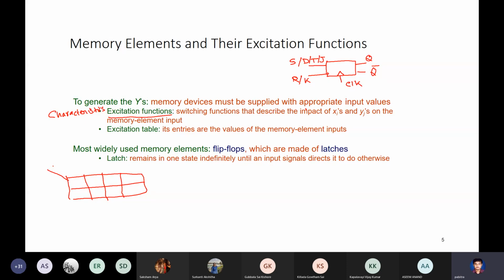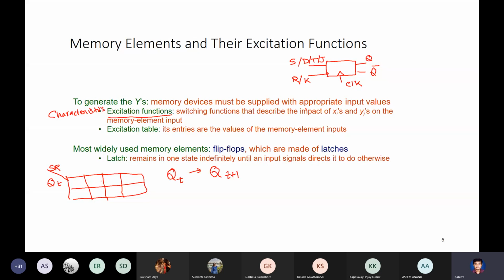So these are my inputs, let's say S and R. Suppose Qt is my current output, and in the next clock it will change to Qt plus 1. I am writing out the on values when Qt plus 1 is 1, depending on the current value of Qt and the values of the input.